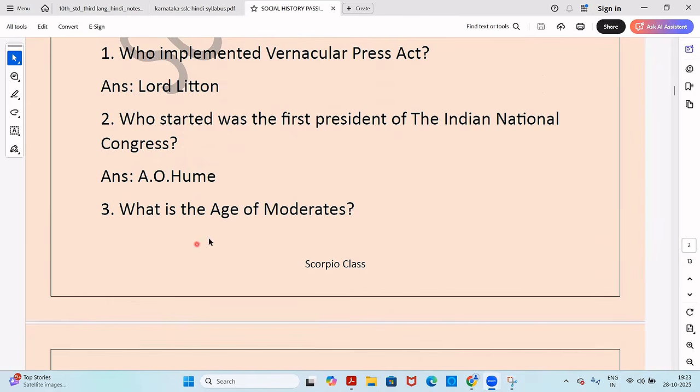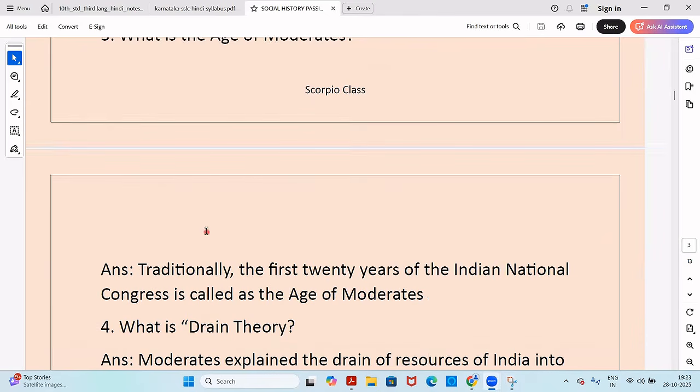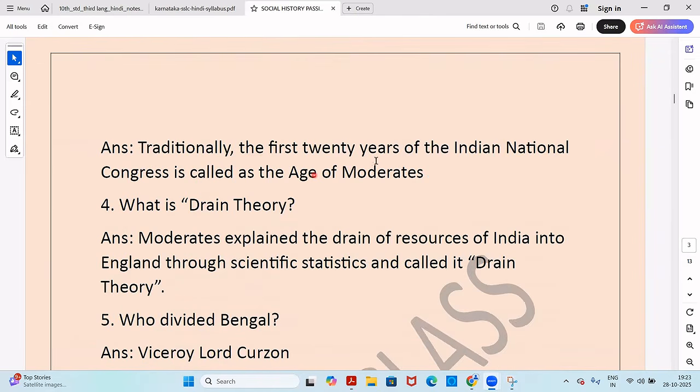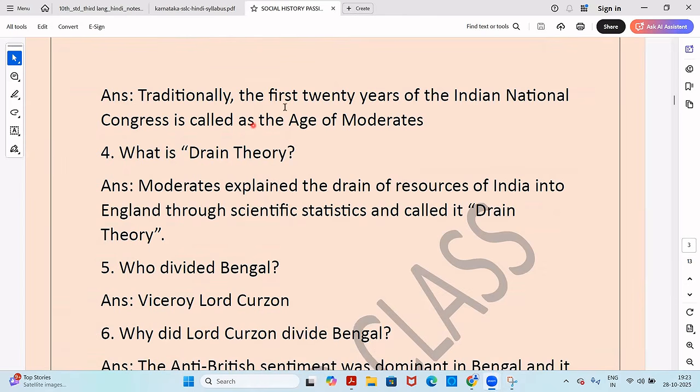What is the age of moderates? Answer. Traditionally, the first 20 years of the Indian National Congress is called the Age of Moderates. Next question. What is drain theory? Answer. Moderates explained the drain of resources of India into England through scientific statistics and called it drain theory.